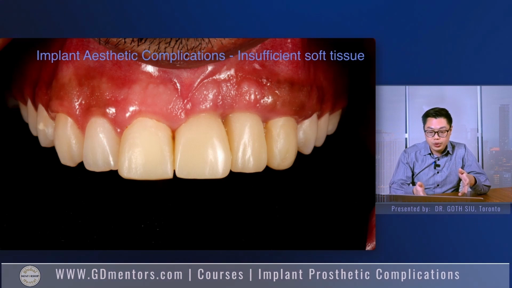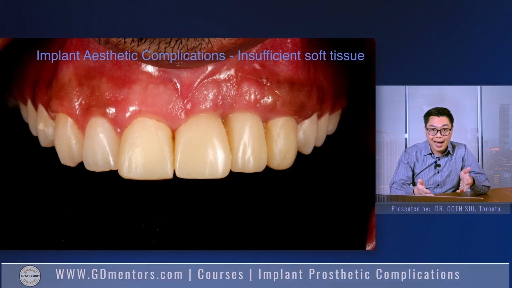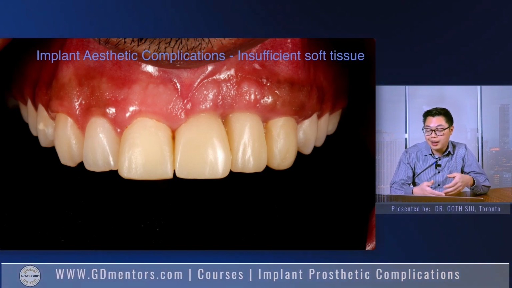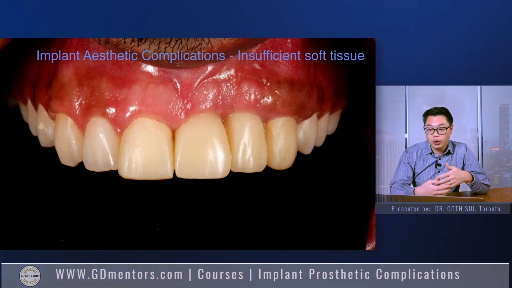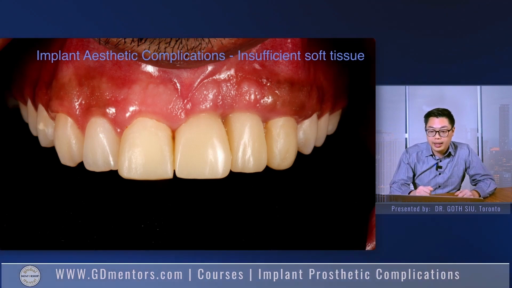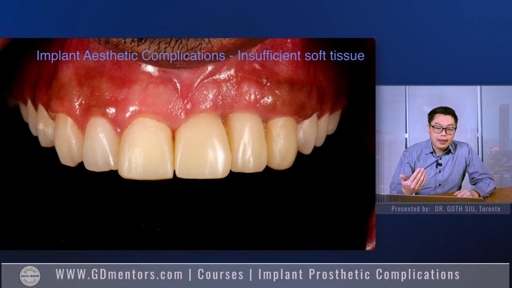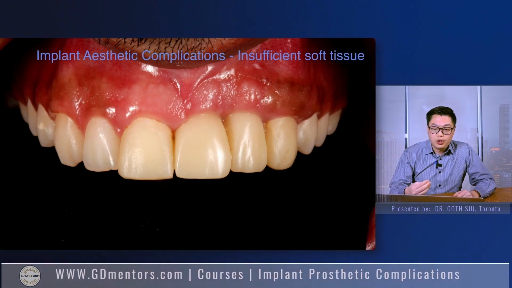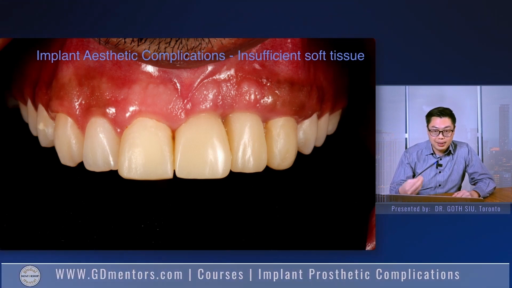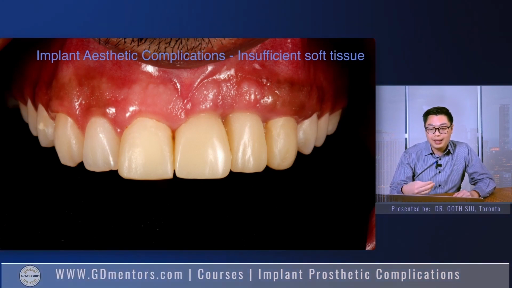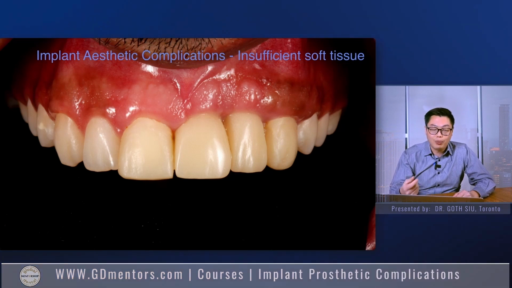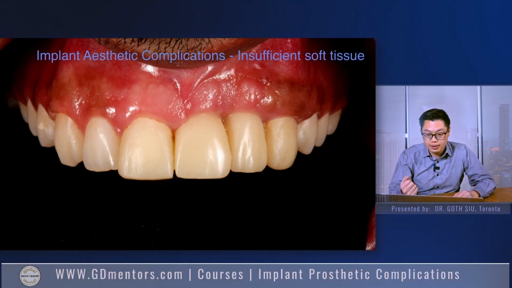No matter how you tissue train this, the papilla is not going to come back. Sometimes if there's a low smile line, and psychologically sometimes patients are okay with this, you can go ahead and create just implant crowns like this. I would say aesthetically, it's always nicer to do pink porcelain to replace the missing soft tissue, assuming that the pink porcelain can be done well and matched nicely.